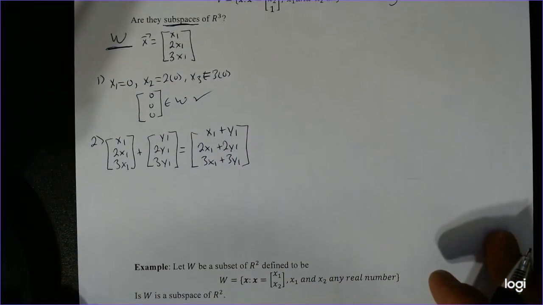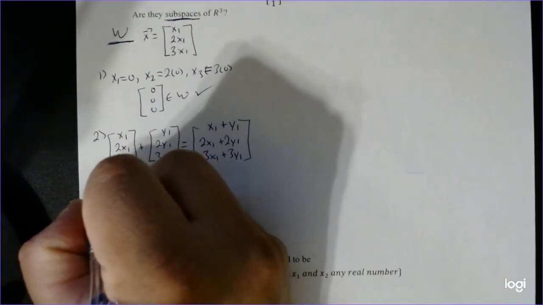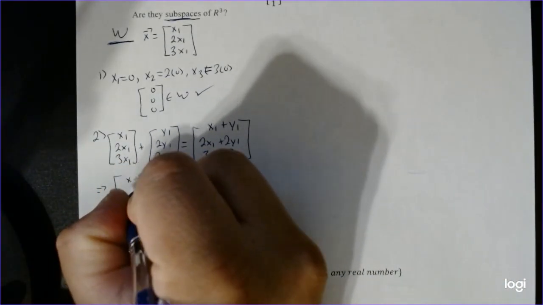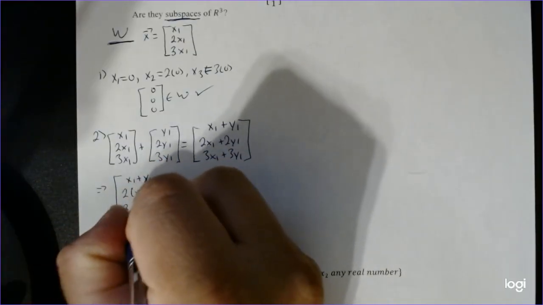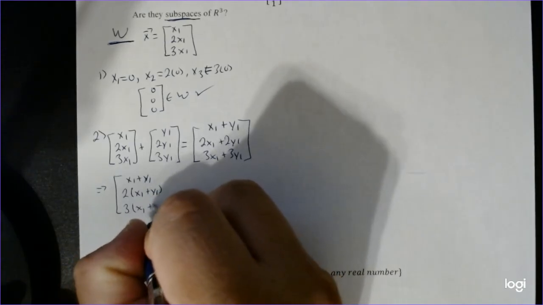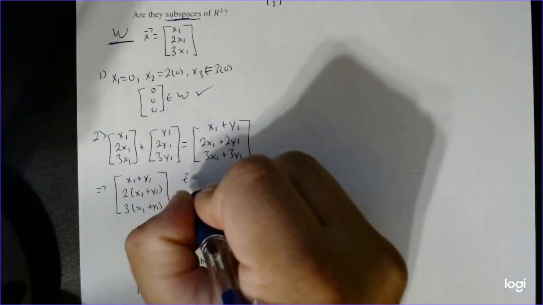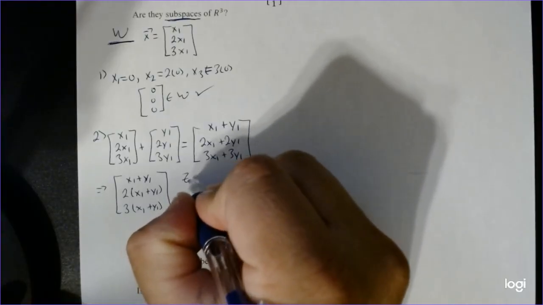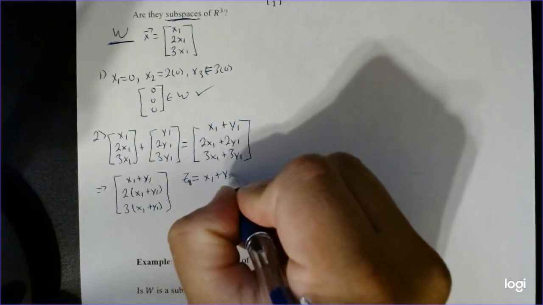Okay. So what I'm now going to do is factor out a couple things. So I'm going to factor out the 2 and the 3 respectively. And hopefully you notice it does actually work. So this time let's say z equal to x1 plus y1.